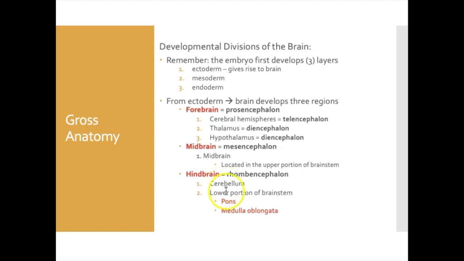Now, structurally, the pons and the medulla oblongata constitute the lower portion of the brainstem, but these are two different discrete regions. They have functional differences. So when I ask you the parts of the brain, the nervous tissue, that we find in the hindbrain, I want you to tell me the pons, the medulla oblongata, and the cerebellum.